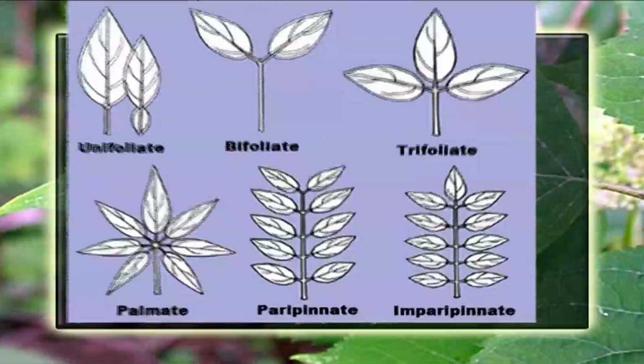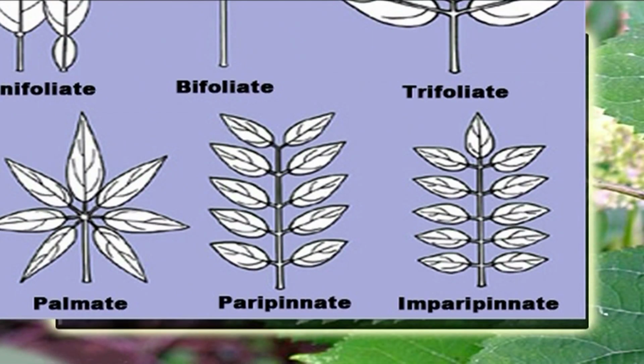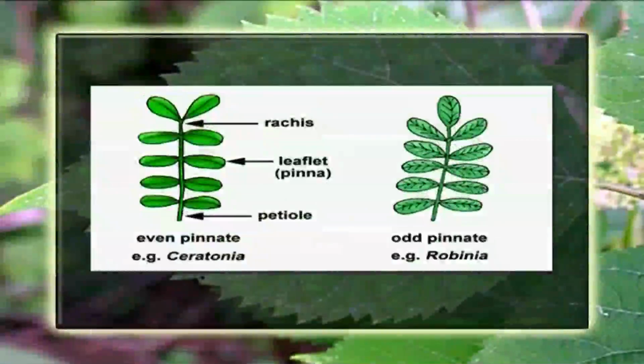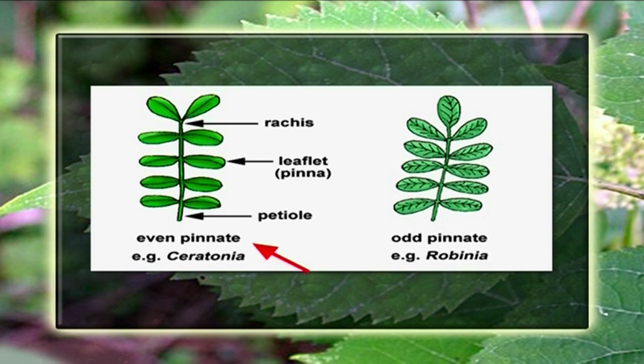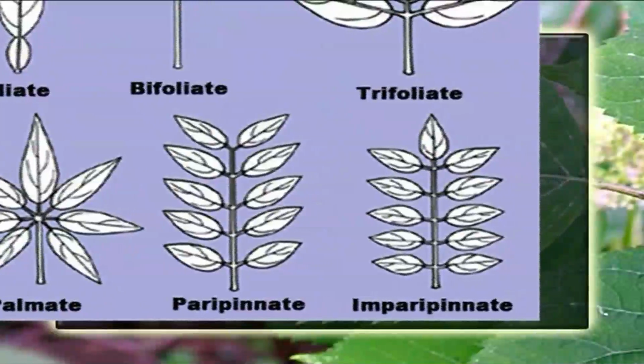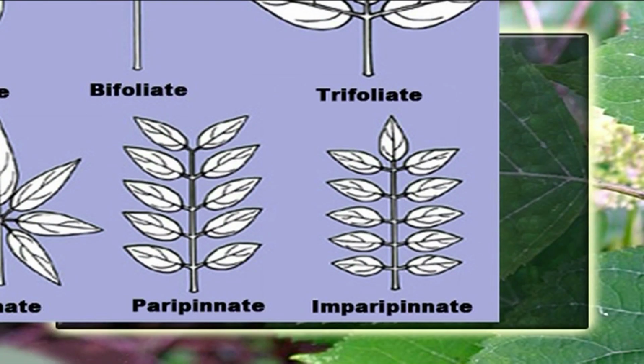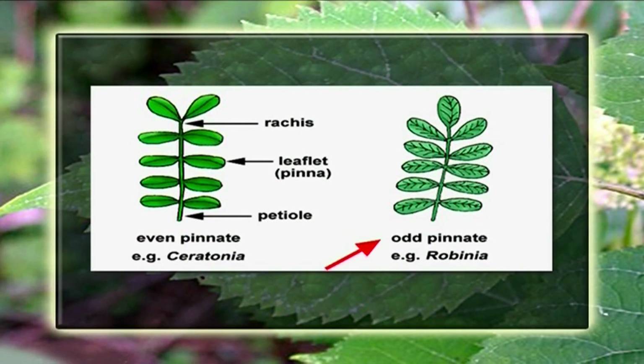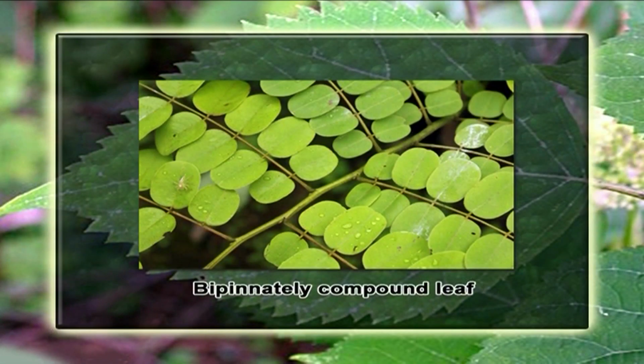Number one, paripinnate. That is a unipinnate leaf with an even number of leaflets, for example in Tamarindus indica or Acacia, etc. Now, imparipinnate leaf. That is a unipinnate leaf with an odd number of leaflets, for example, neem, rose, etc. Now, bipinnate.